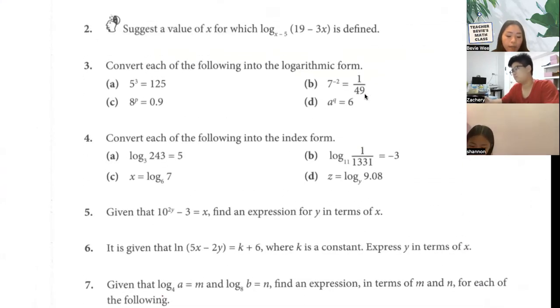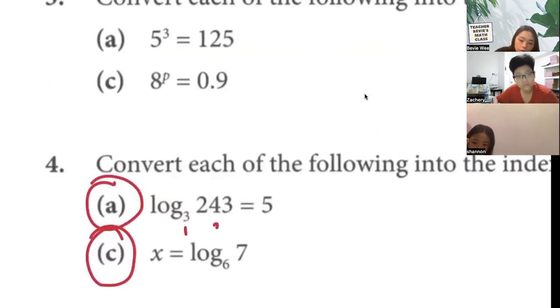Okay, let's take a look at 6.2 first. Can we just quickly do A and C together? Use the 1, 3, 2.